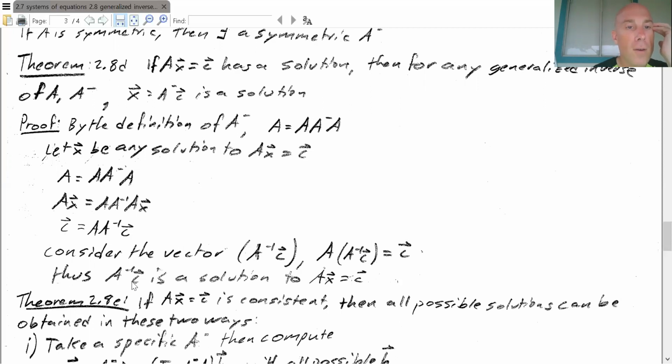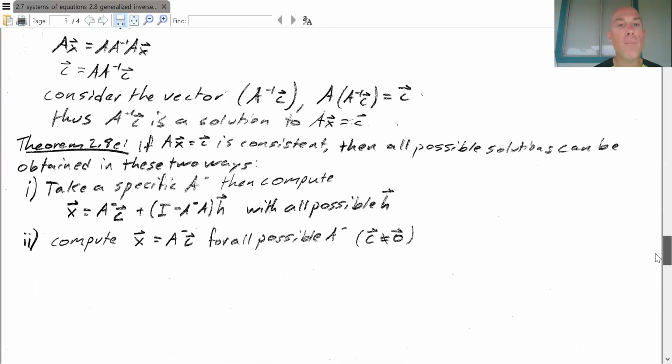Thus, if I think about it, this A generalized inverse C, that's a vector. If I take this vector and I multiply by A, I get C. Therefore, this has to be a solution to our system of equations. Therefore, I set X equal to this bad boy. Boom, we got it.